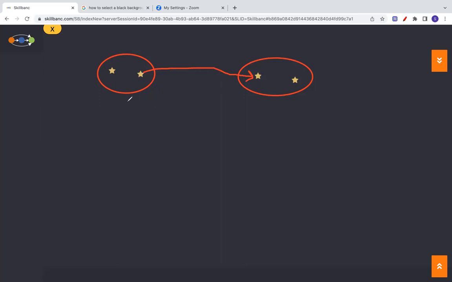Okay, so let's say this one is EC2 instance, and this one is VPC. So this is telling me that this EC2 instance is in this particular VPC.